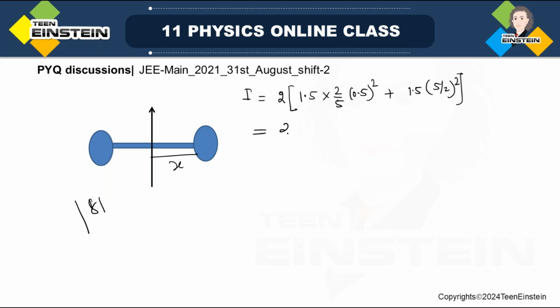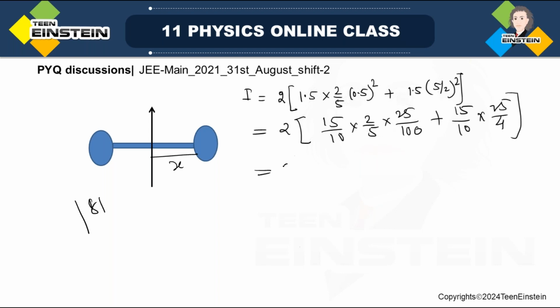Okay, so we have, let this gap 2 be here. So I have 5 by 10 here. I have 2 by 5, so 25 by 100 plus 25 by 4 over here. Okay, let us do it this way.